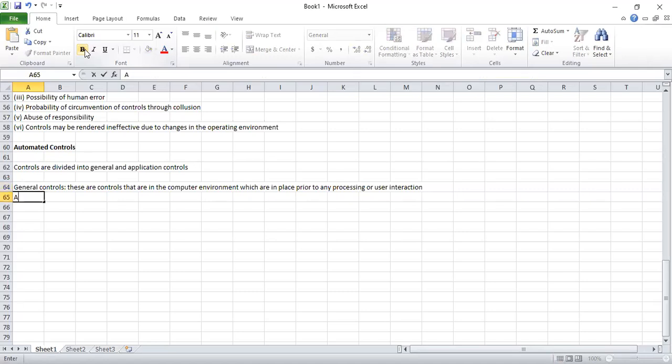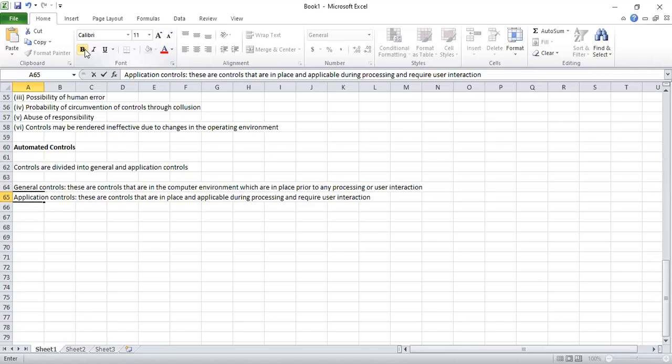Right. Then application controls. These are controls that are in place and applicable during processing, and require user interaction.